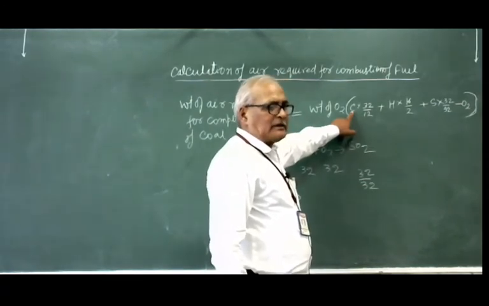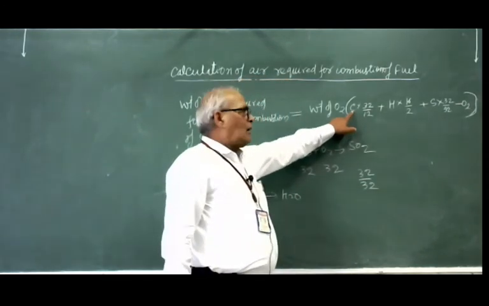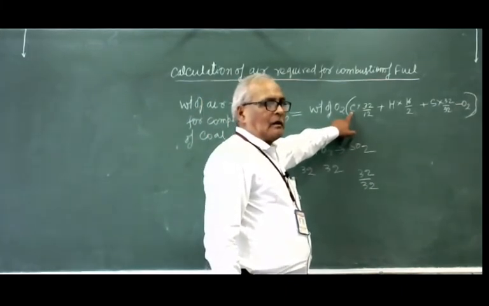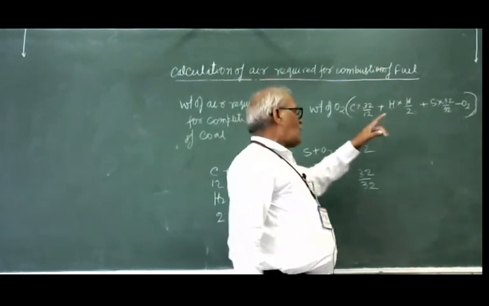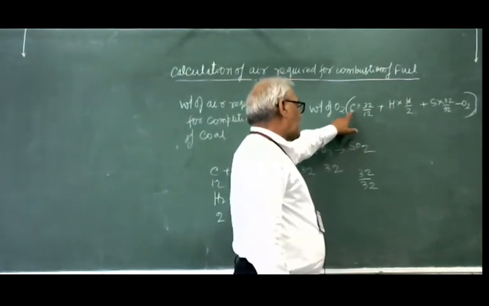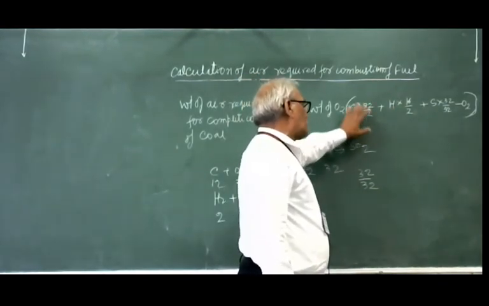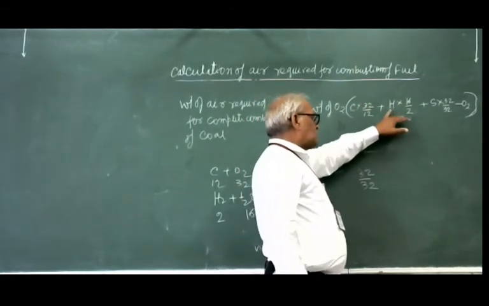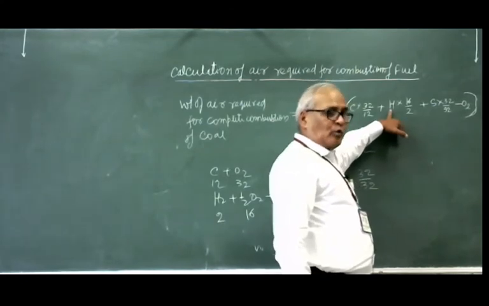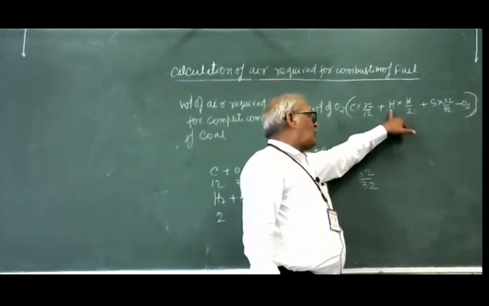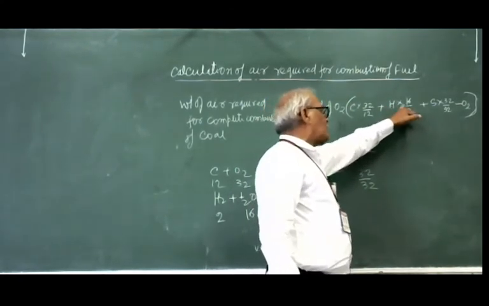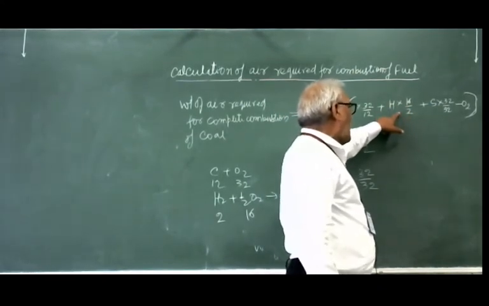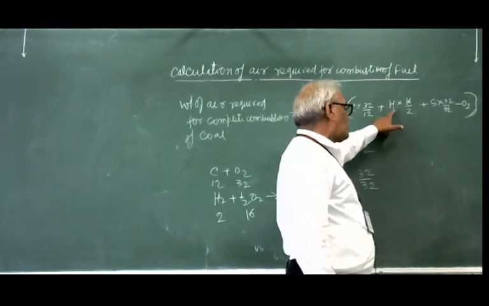So in 1 kg you will get 750 gram. So 750 into 32 by 12. This is the amount of oxygen. Similarly, percentage of hydrogen is 5.2. In 1 kg, it will be 52. Put here 52 into 16 upon 2. You will get the oxygen required for complete combustion of the hydrogen.